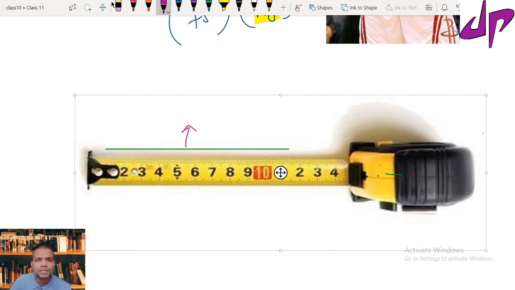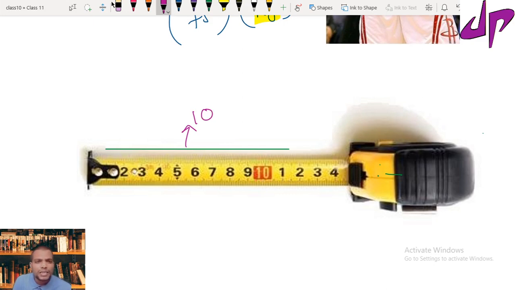Suppose for the time being it is 10. If we write just 10, again it gives us incorrect or incomplete information. We need to add something here, so the preferable thing is 10 centimeters. This centimeter is what we call a unit.